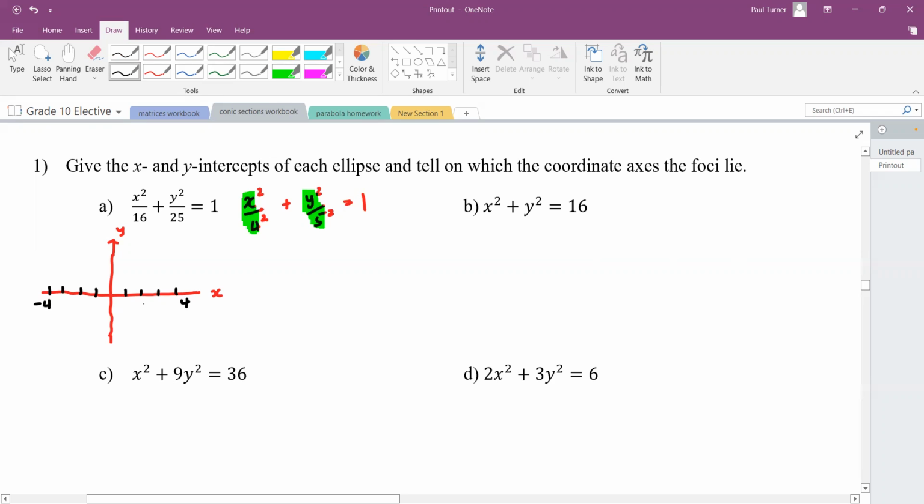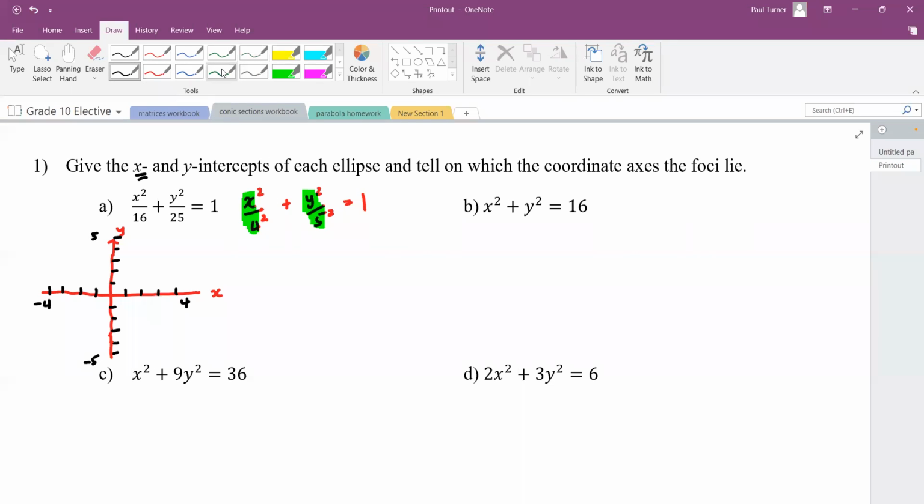Okay, so these are your x-intercepts. So we've got them already, actually. And your y-intercept for 5, we count up the y-axis 5. So 1, 2, 3, 4, 5. And 1, 2, 3, 4, 5. So we can label them as 5 up here and -5 down here.